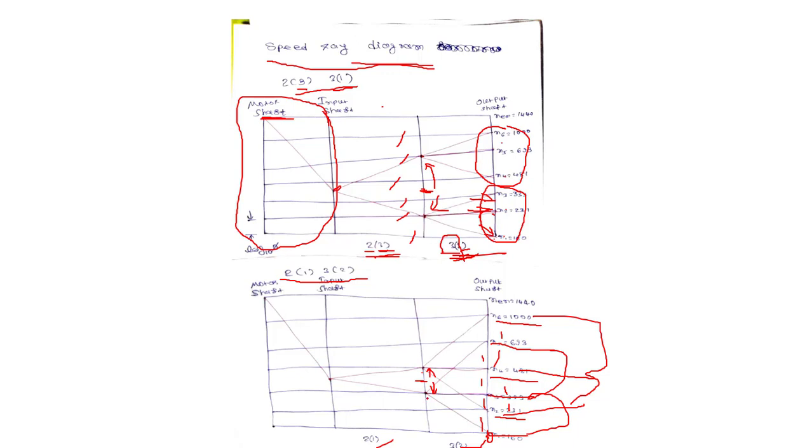So we are getting 1 gap for this, and for the input shaft we just put a point in the middle of these 2 points like this, and we get the point on the input shaft. And to connect the motor shaft we just draw an inclined line. So this is the structure speed ray diagram for the structural formula 2132.